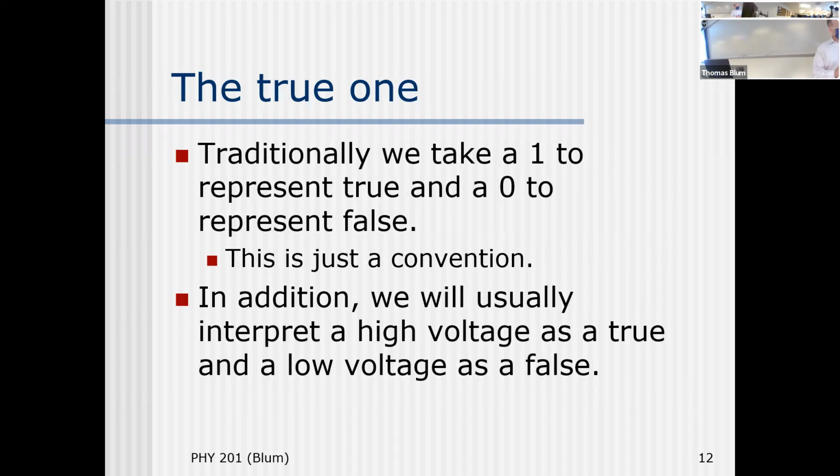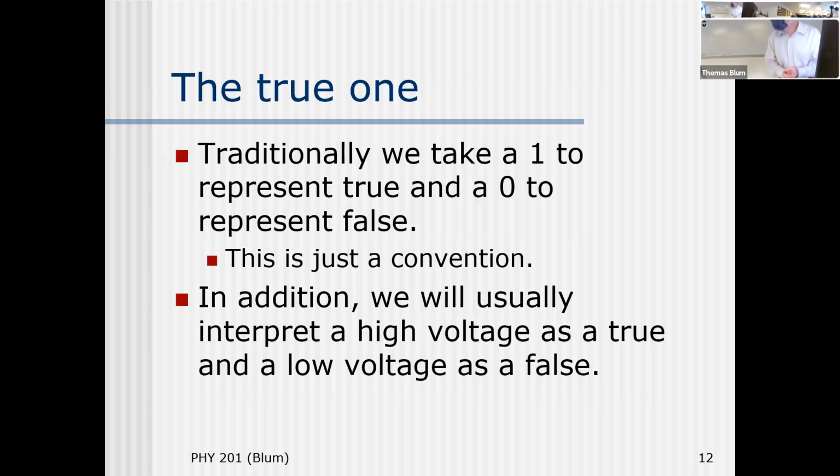Again, we can talk about true and false, high and low, 0 and 1. I'm going to work with zeros and ones. Our convention will be that high and true and 1 are equivalent, and then, of course, 0 and false and low.